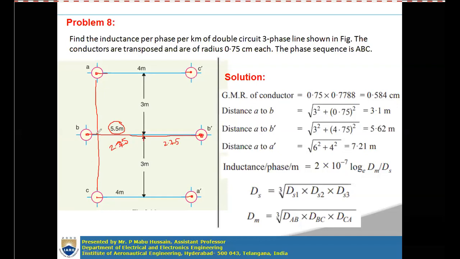The C to A dash distance is given as 4 meters. If you divide this into half, it will be 2 meters. That means from here to here you have 2 meters. So this 2.75 is from this point up to this point, so the remaining will be 0.75.